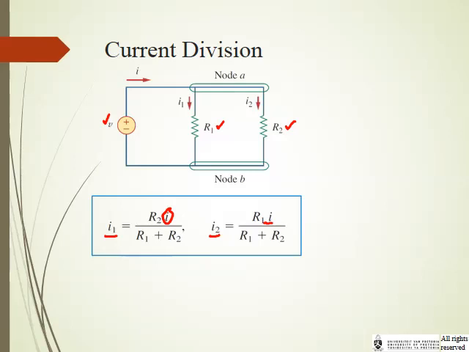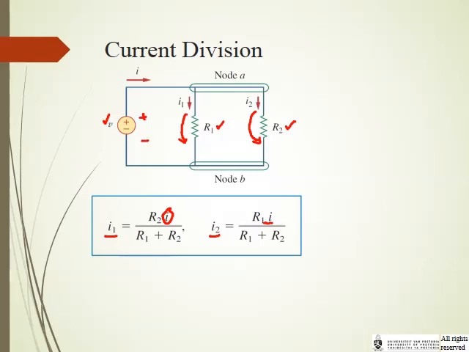So we know, because it's parallel resistors, that the voltage drop across R1 must equal the voltage drop across R2. Why? Because both of them have the same potential across them.